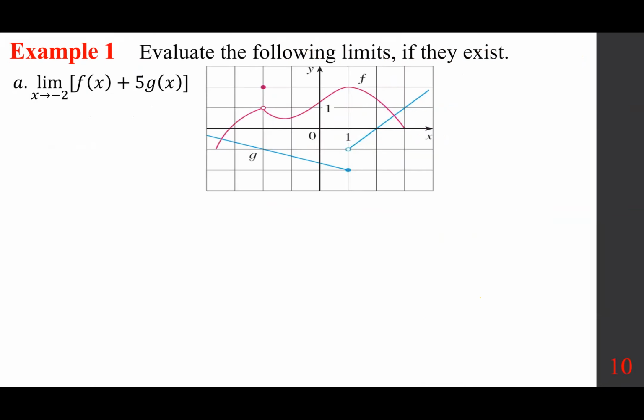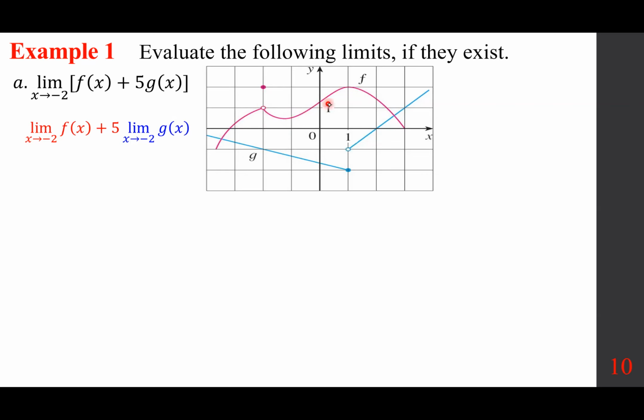We want to evaluate the following limits. The limit of f of x plus 5 g of x as x approaches -2. So first we use the limit laws. We cut them into two pieces and we take the 5 out. And now we have to calculate the limit for f of x as x approaches -2. It's the red function. And here's -2 from the left and right. Left, we are here. Right, you are here.